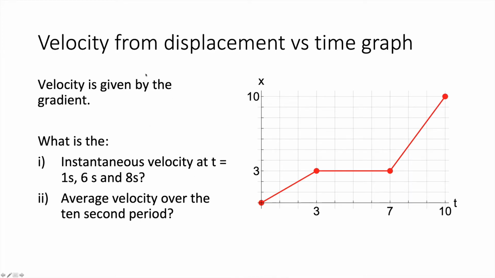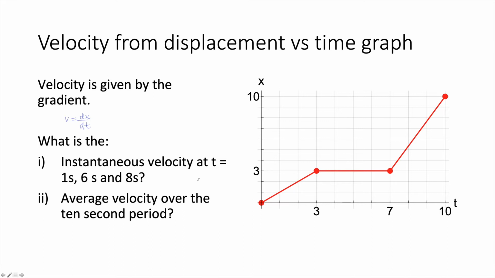So we can actually calculate the velocity from a distance versus time graph. The velocity, it turns out, is given by the gradient. So we can calculate the instantaneous velocity at 1 second. We want to work out exactly how fast the object is traveling at this time. So instantaneous velocity is equal to dx/dt, and that's the gradient of this line.